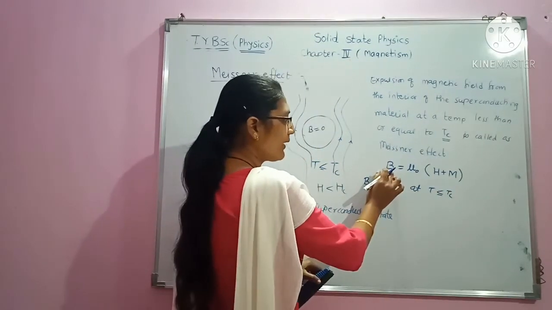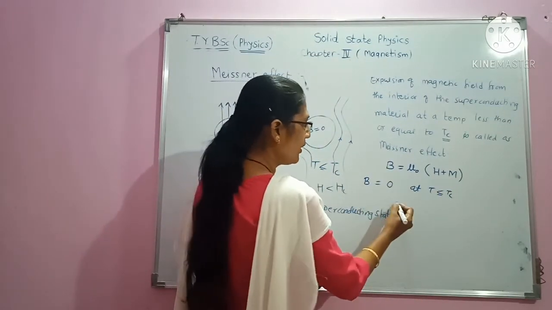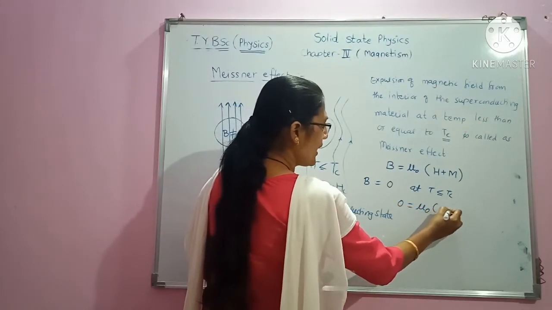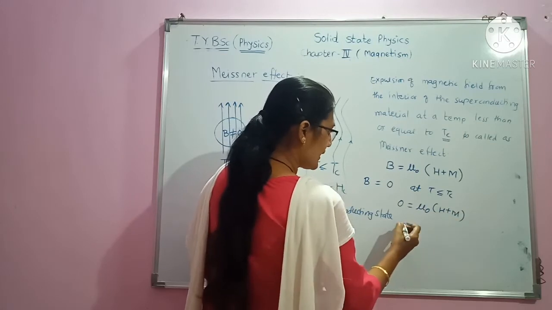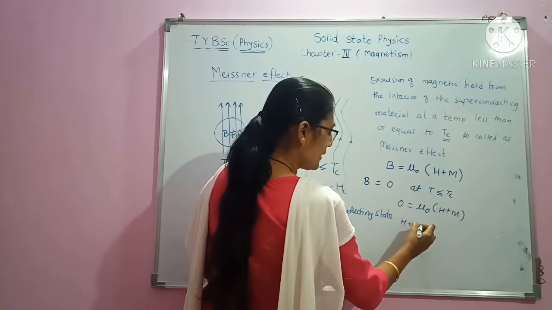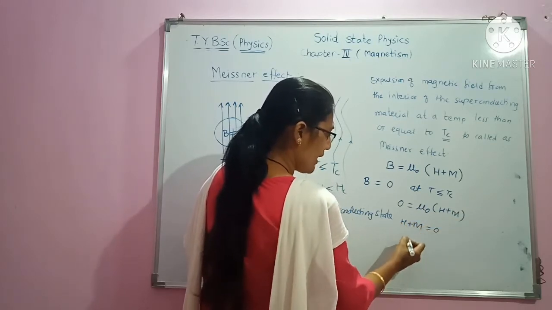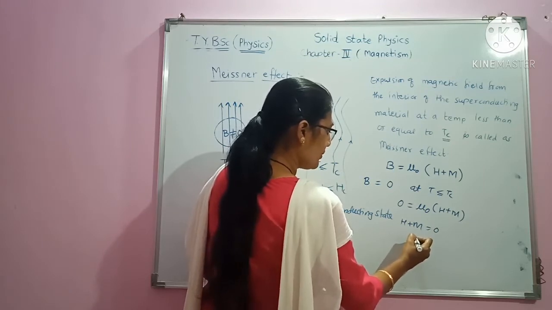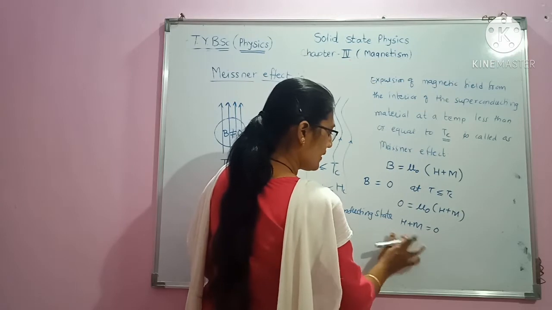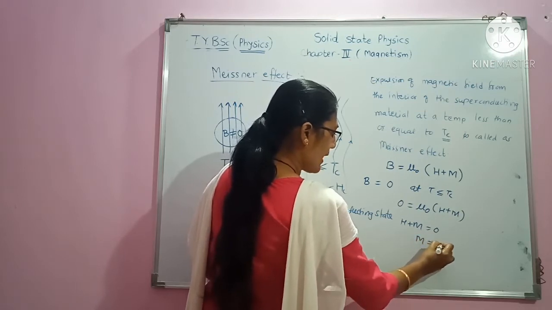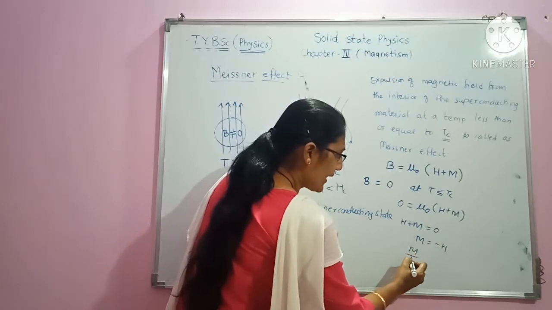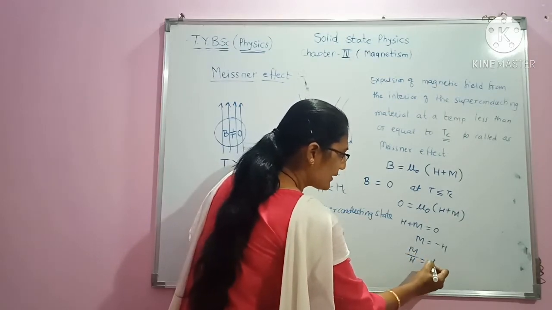So substituting the value of B here, we have obtained 0 is equal to mu 0 into H plus M, that is H plus M is equal to 0, and we know that M is equal to minus H, and hence M upon H comes out as minus 1.